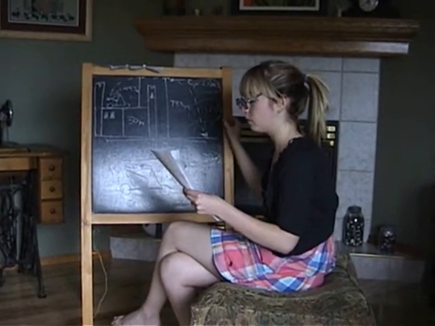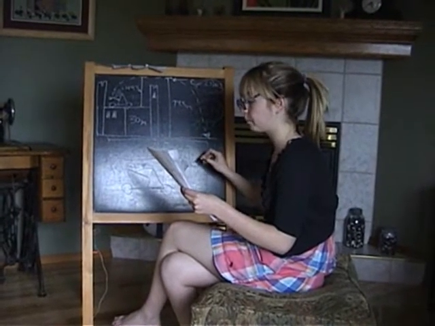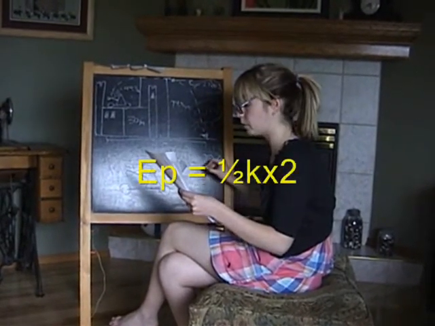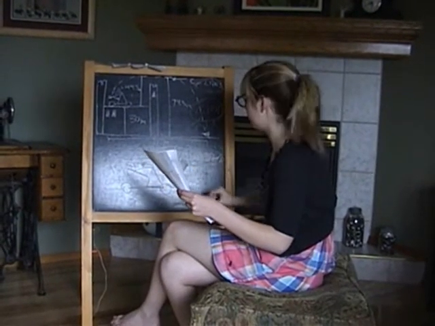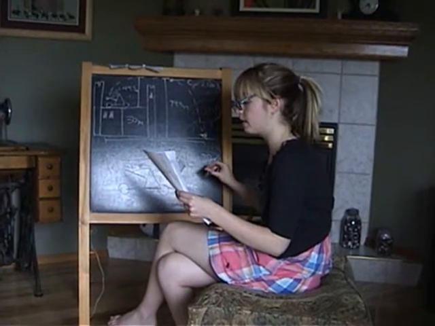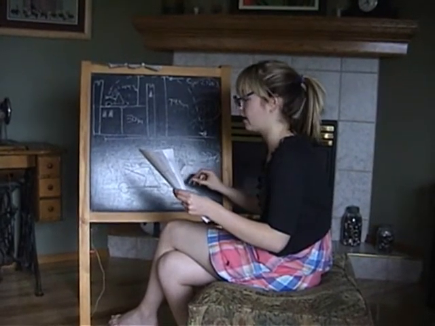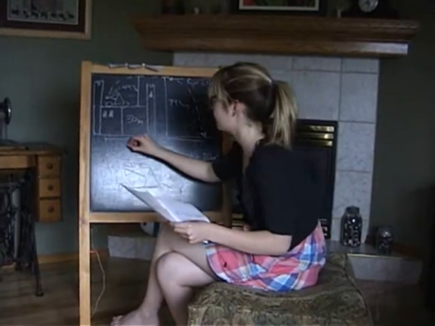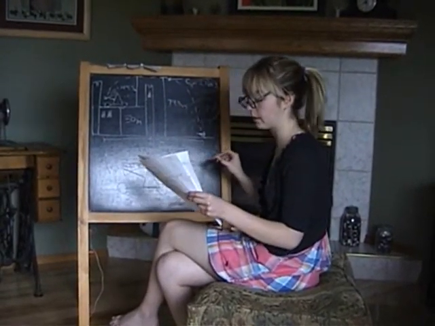Then, with that number, we can calculate the k. We take EP equals 1/2 kx squared, which, by manipulation, we get 2 EP divided by x squared, which will give us our k value. And our k value ends up being 5.4 times 10 to the 3 newtons per meter.